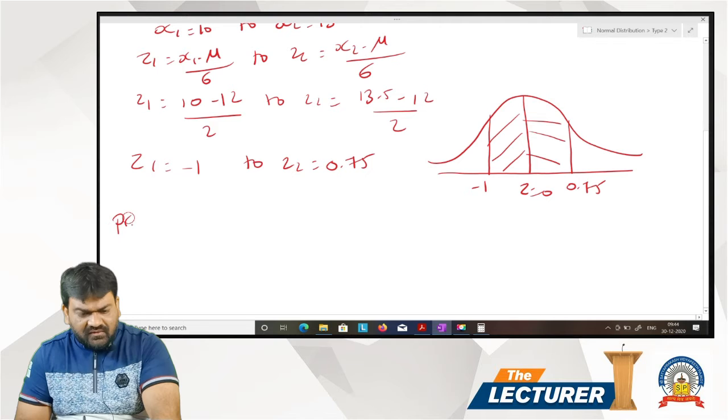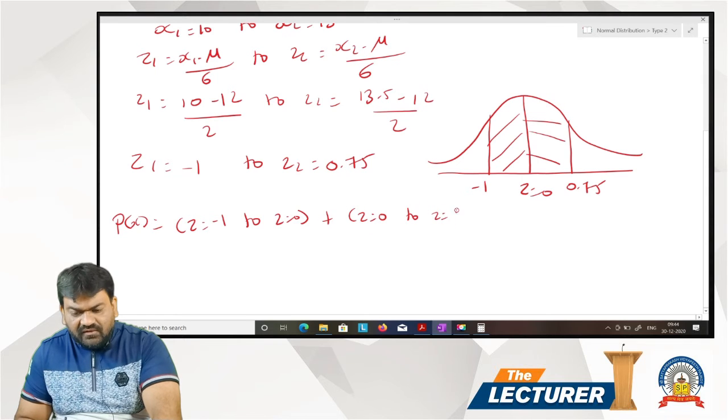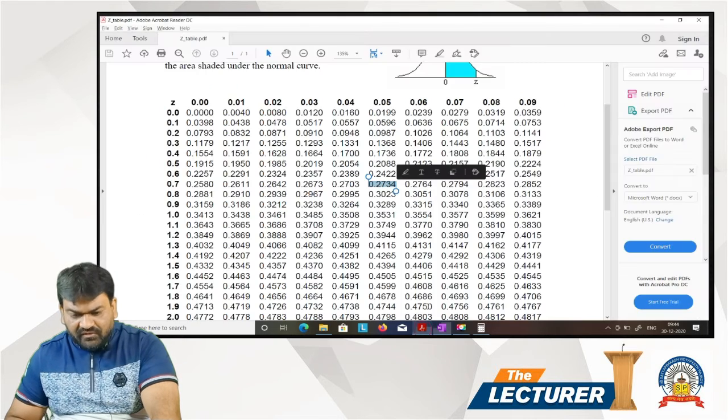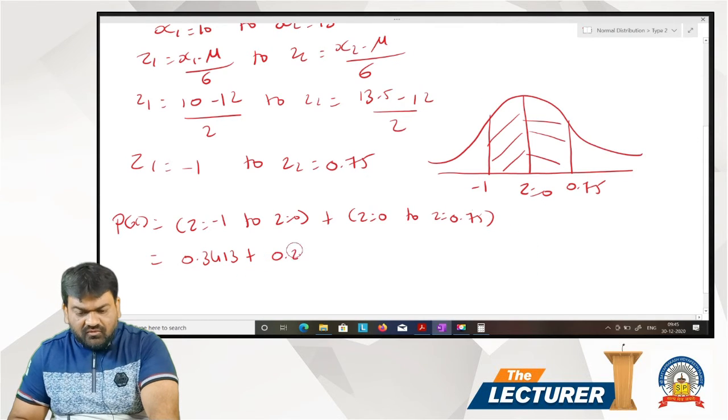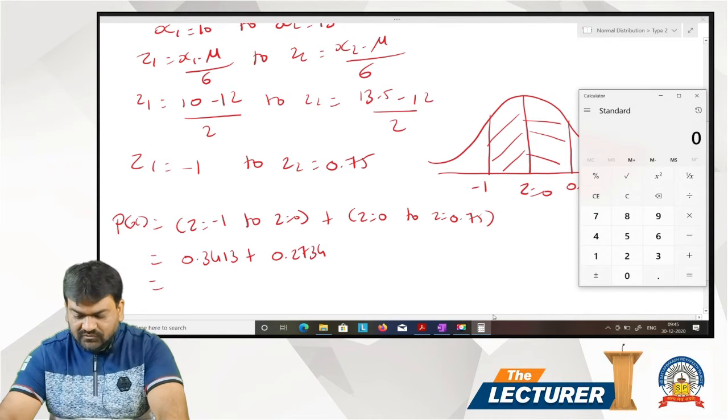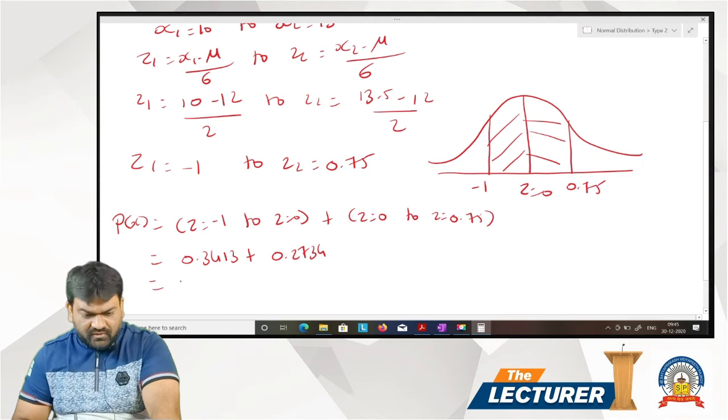So P of x is equal to z is equal to -1 to z is equal to 0 plus z is equal to 0 to z is equal to 0.75. -1 is 0.3413, 0.75 is 0.2734. Total of these two, 0.3413 plus 0.2734, that is 0.6147.